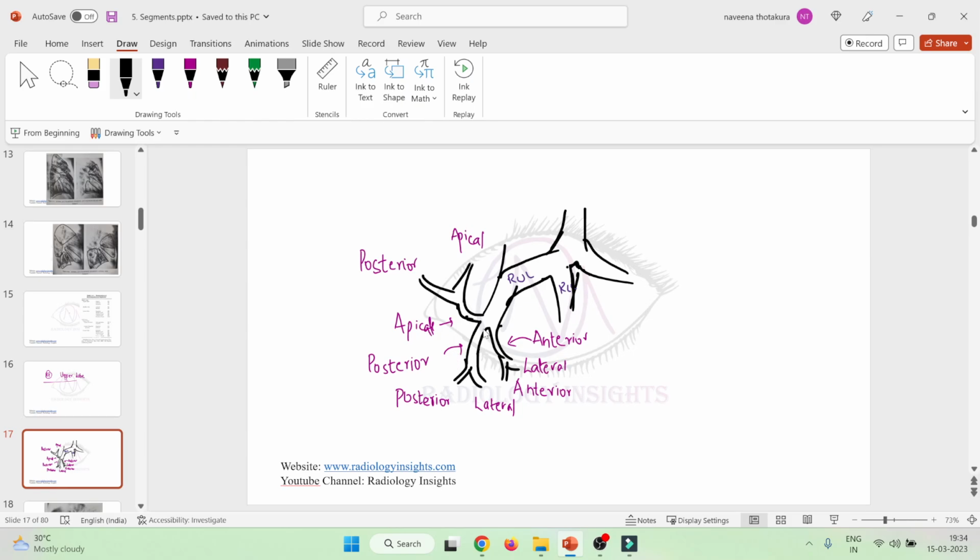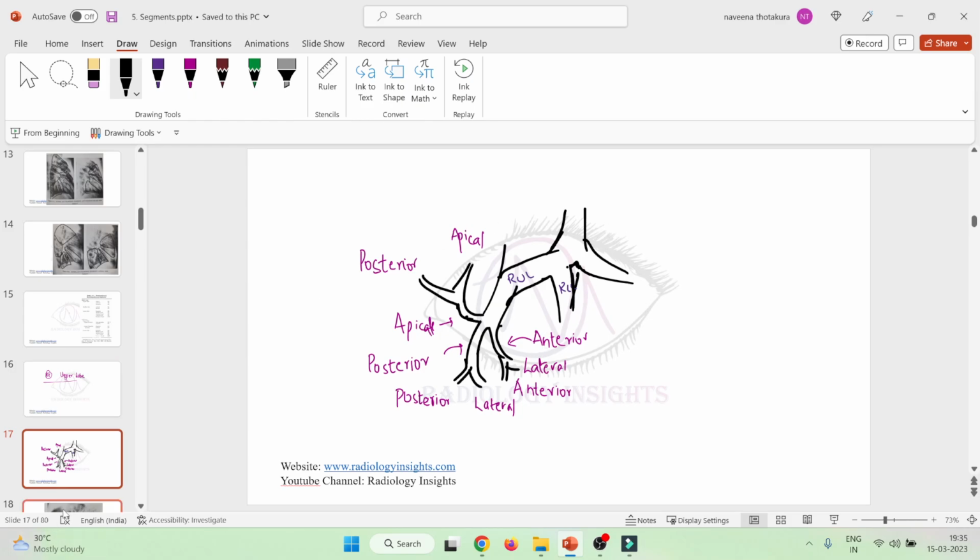The posterior segmental bronchus divides into posterior and lateral rami of the posterior segment, and the anterior segmental bronchus divides into anterior and lateral rami of the anterior segment. So overall, we have apical and posterior rami of the apical segment, posterior and lateral rami of the posterior segment, anterior and lateral rami of the anterior segment.